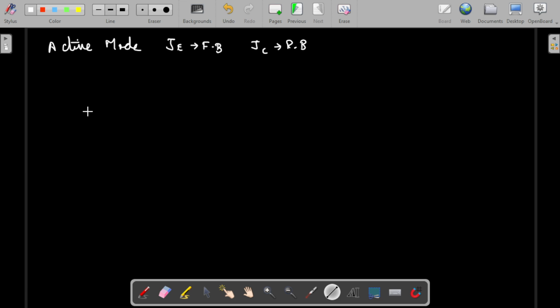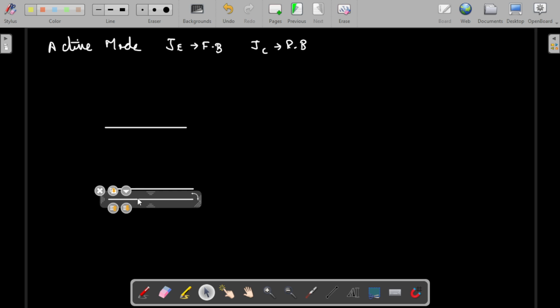So let me first draw EC here. So this is the EC, this is EF, and this is EV. Okay, so EV will be quite closer because we know that it is heavily doped.